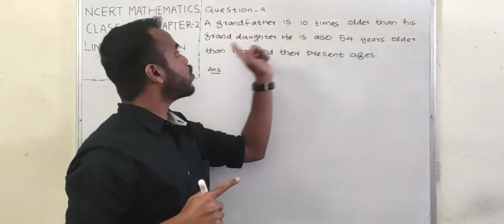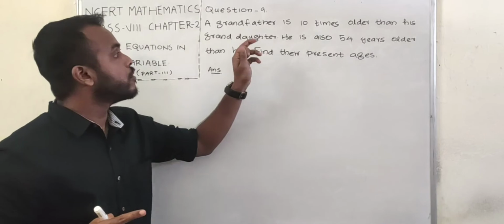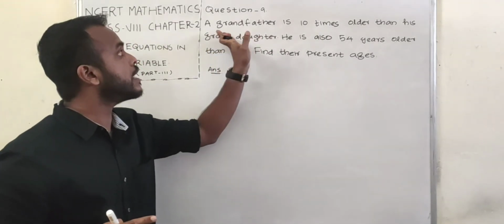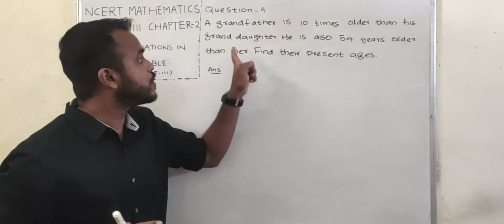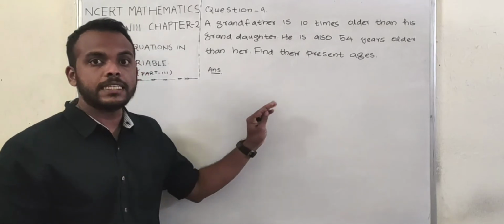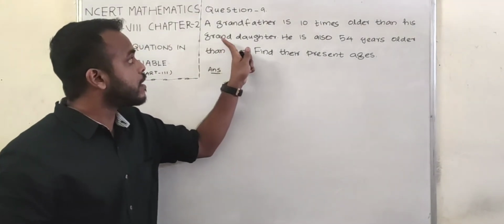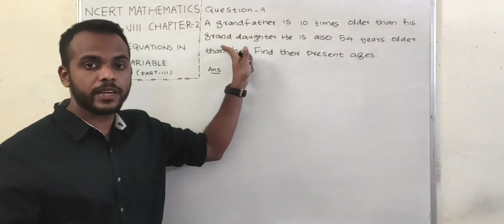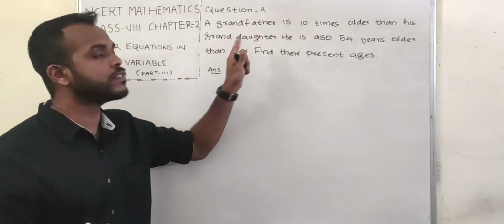Grandfather is 10 times older than his granddaughter. So here, related to the granddaughter, the age of grandfather is given. So we should consider the age of granddaughter as x. It's all about getting it correctly. The unknown quantity x that is to be considered is for the age of the granddaughter.